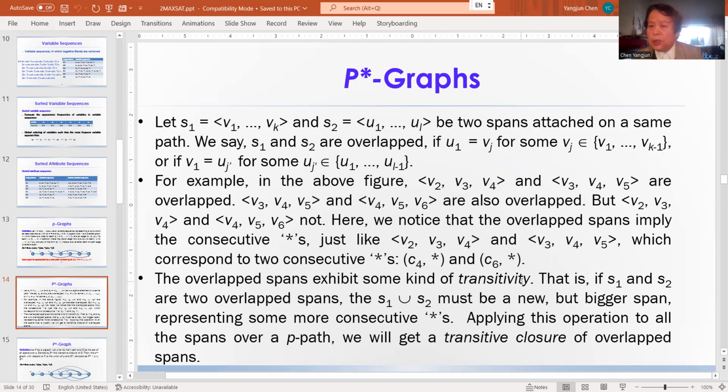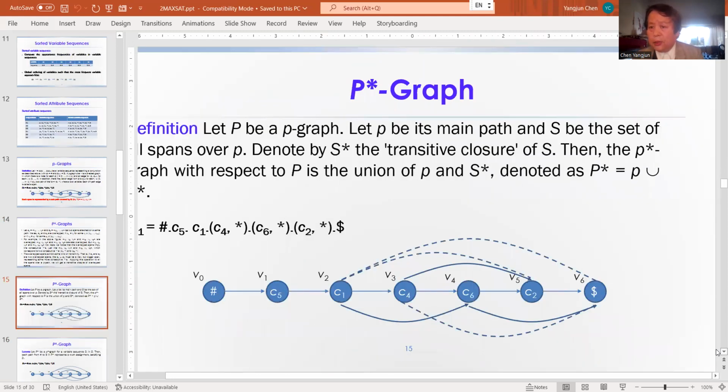Our purpose is to generate the transitive closure of all the overlapped spines. Then we can define what a P-star graph is. It is the main path of the corresponding P-graph plus the transitive closure of all the overlapped spines.